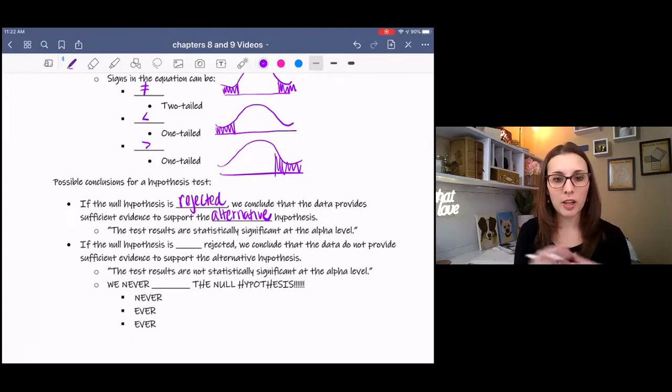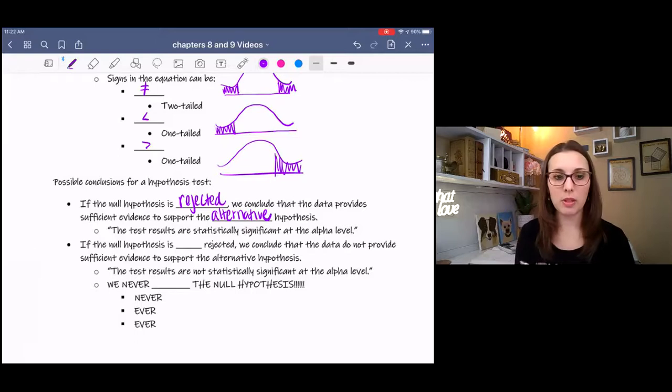If we find enough evidence that we can reject the null hypothesis, so the null hypothesis is that, for example with the bag of chips, the company is right and the mean is actually the mean, then we can conclude that the data provides sufficient evidence to support the alternative hypothesis.